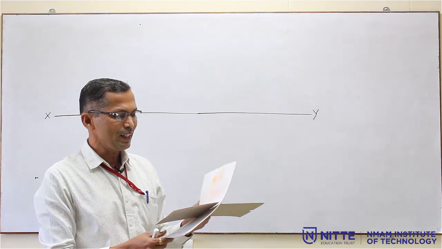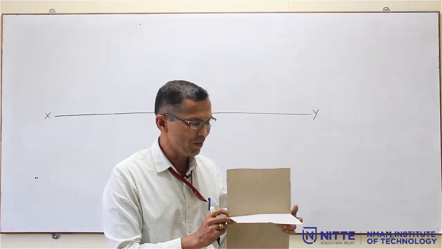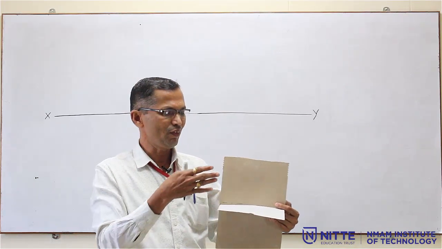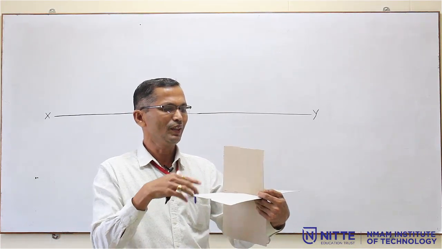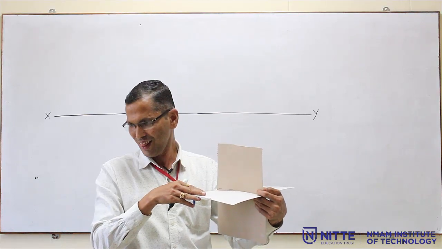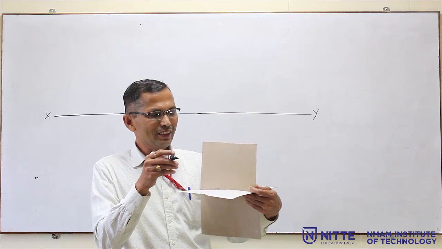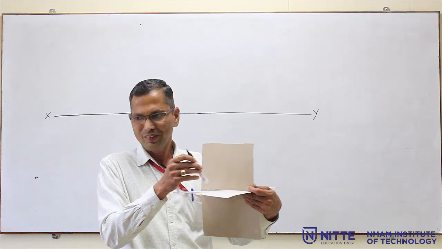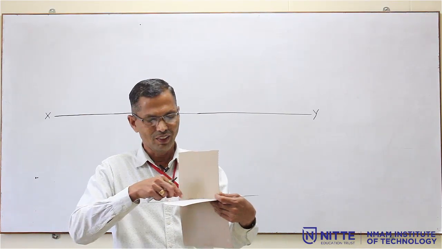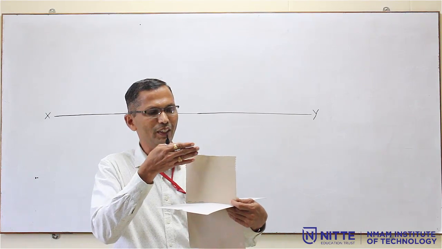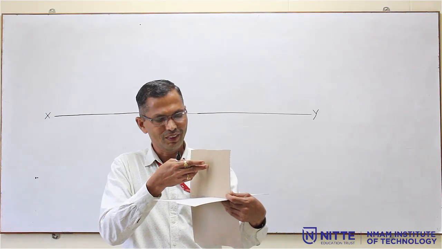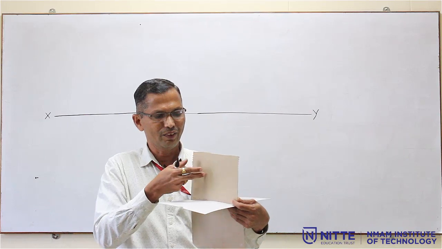Now, in this problem, the point P is both on HP and VP. If you concentrate on this quadrant system, this is one of the quadrants. If the point is on HP, it is here. If the point is on VP, it is in this.